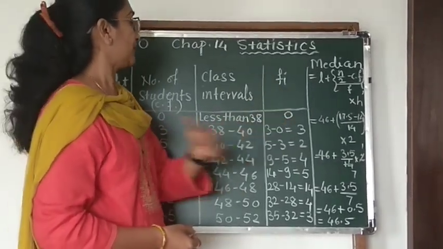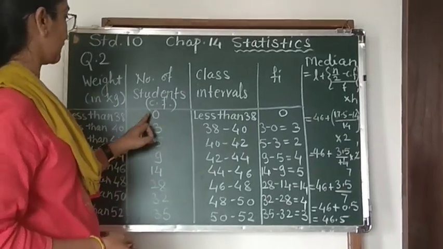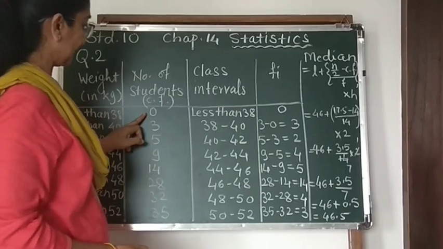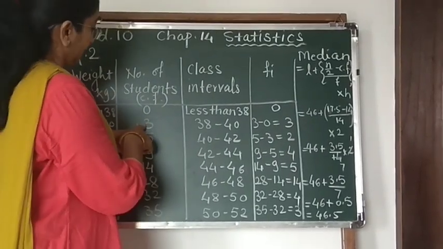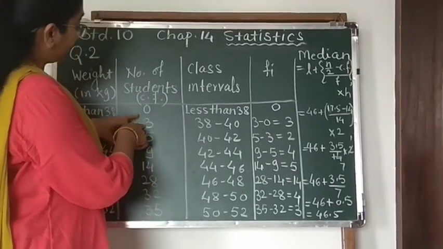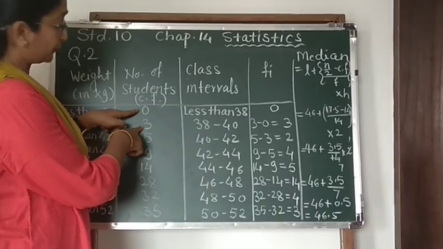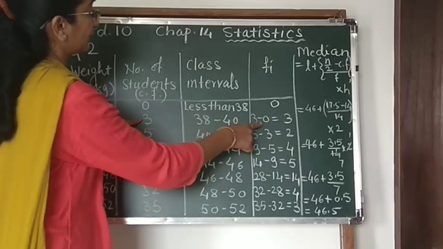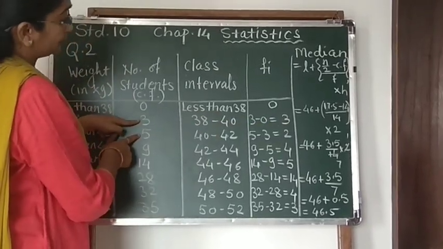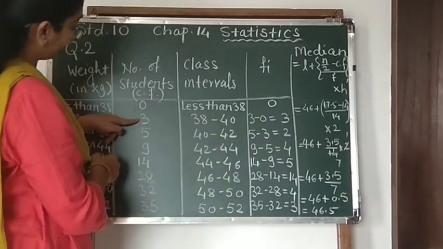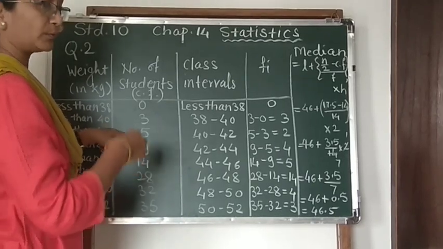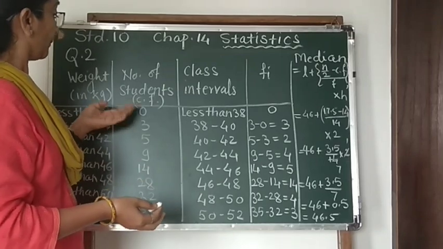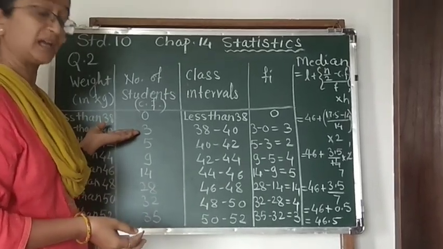Now find the frequencies here. For finding the frequency, you write the first cumulative frequency as it is. Then from the second cumulative frequency, you subtract the first cumulative frequency. So 3 minus 0 is 3. For the next class intervals, you subtract the cumulative frequency of the previous class interval from the cumulative frequency of the class.